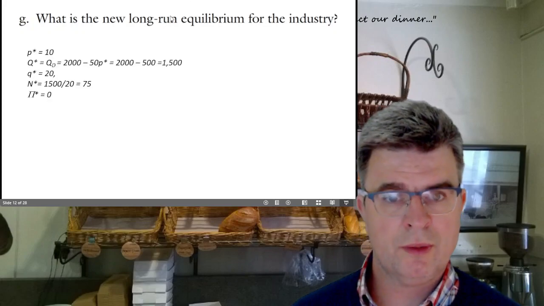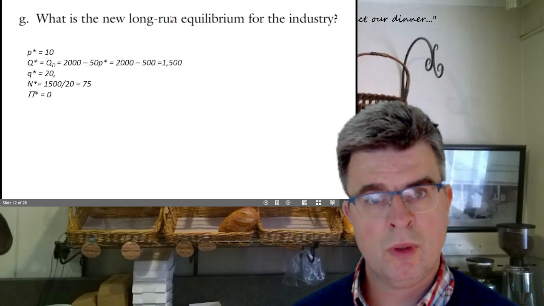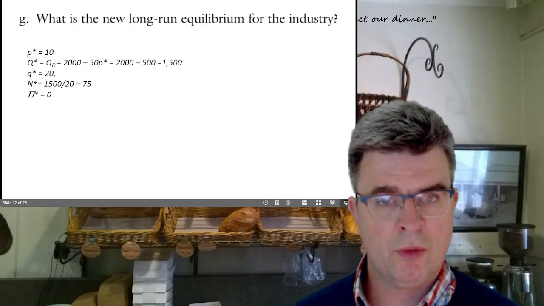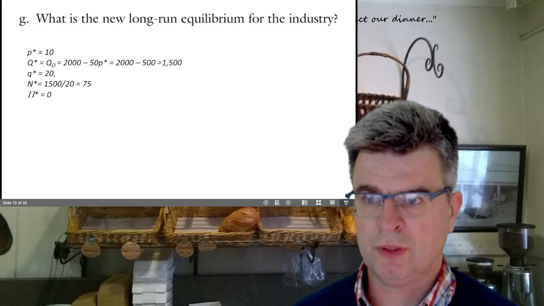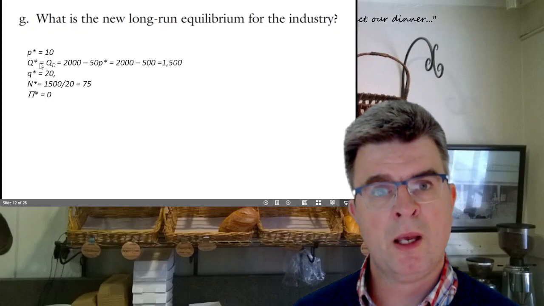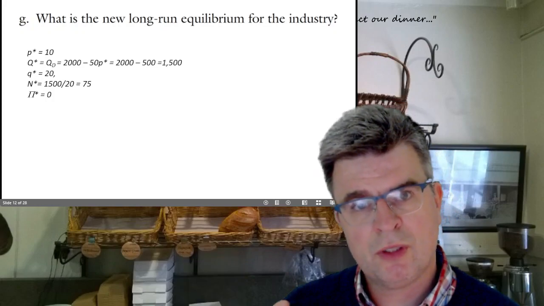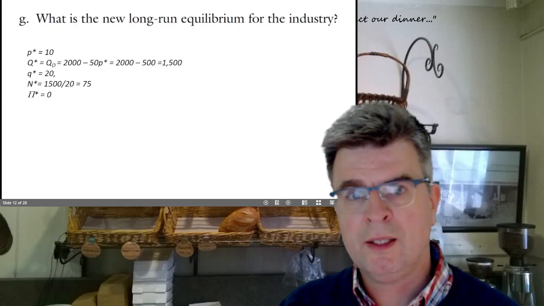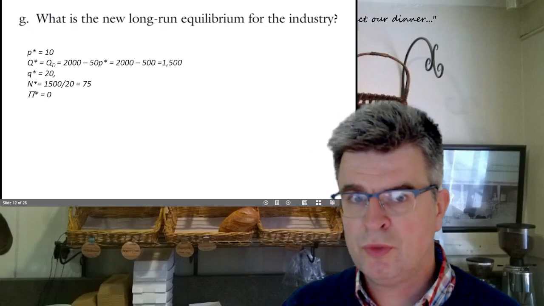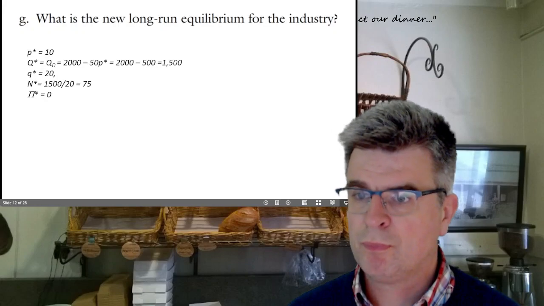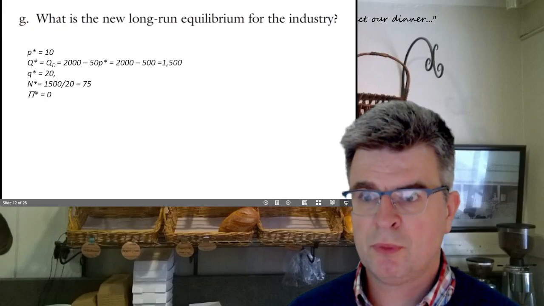In the long run, entry will continue up to the point where none of the active firms make a profit. So in the long run equilibrium, the price will again go to 10, because we already had in question A that the long run supply is a horizontal line. It's perfectly elastic. So the long run equilibrium price is equal to 10.